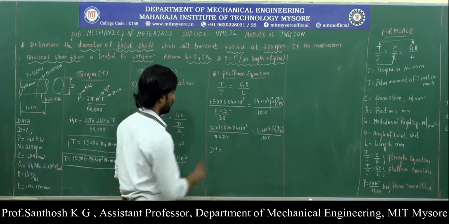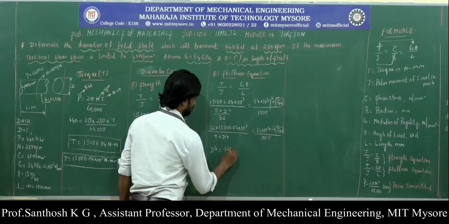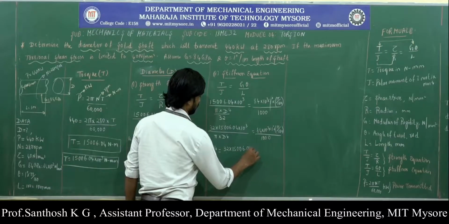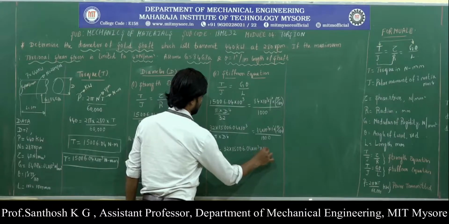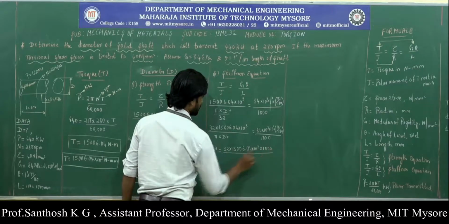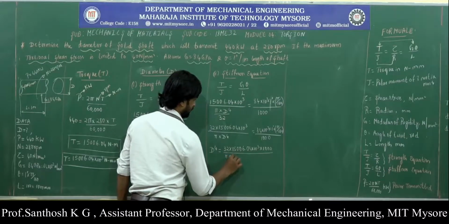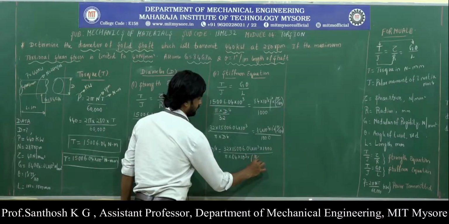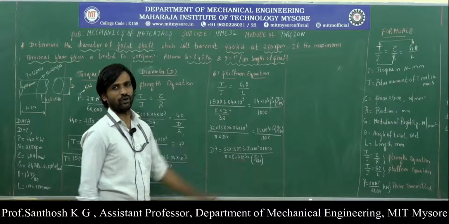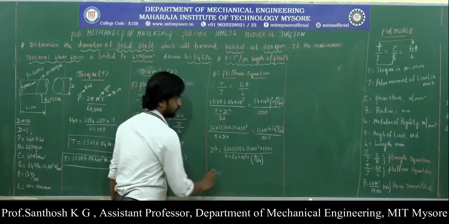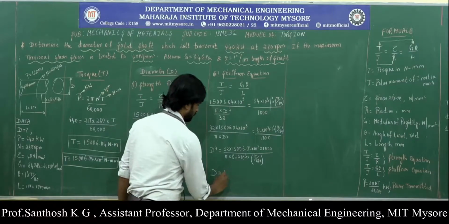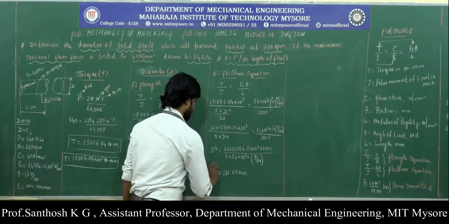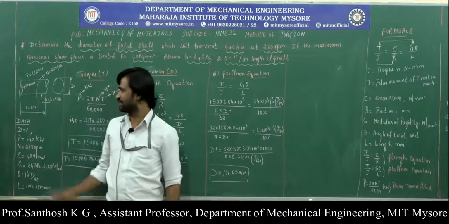So d to the power of 4 will be equal to 32 into 15006.04 into 10 to the power of 3 into 1000 divided by pi into 84 into 10 to the power of 3 into pi divided by 180. By solving this, we will get one more value for d, and the value of d will be 101.05 millimeters. Here d represents the diameter.